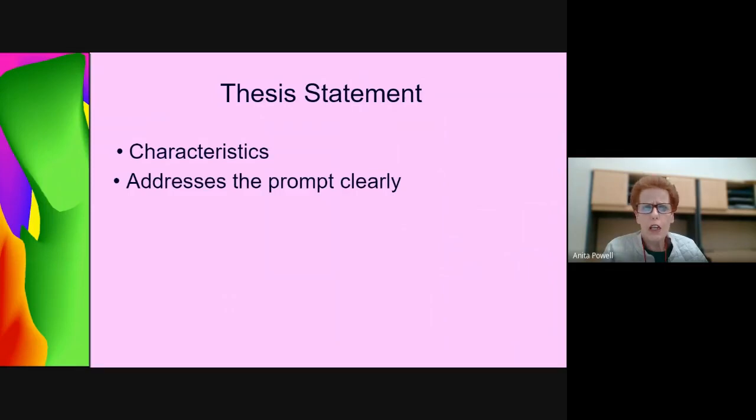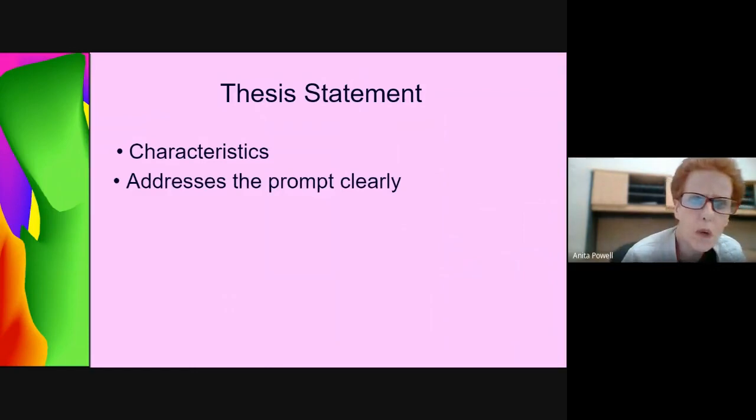Your best thesis statement would be, students should be or students should not be required to take a formal exam in order to graduate. And then, because they demonstrate knowledge throughout their career in school, or students need to be able to demonstrate knowledge.